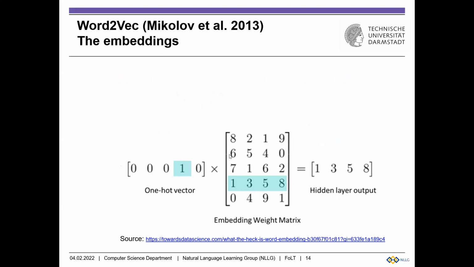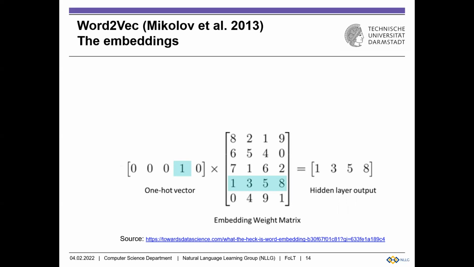We have our embedding matrix here. Now, the size of this embedding matrix matches the size of this one-hot vector. Being a matrix, it has 2 dimensions. The one dimension is the dimension of the rows. How many rows does it have? It has exactly as many rows as there are words in the vocabulary.